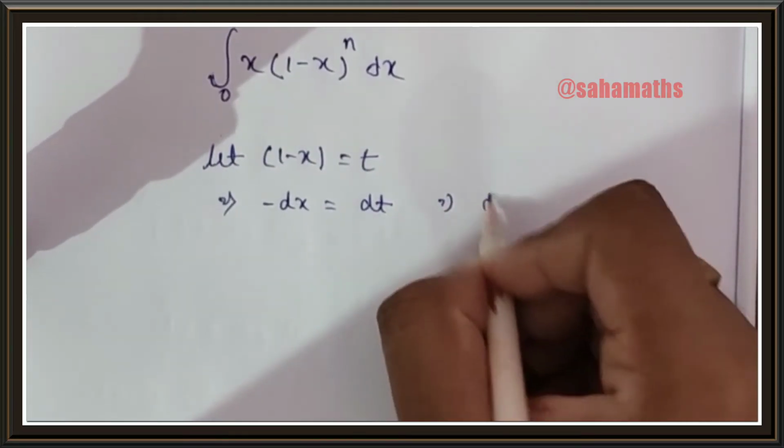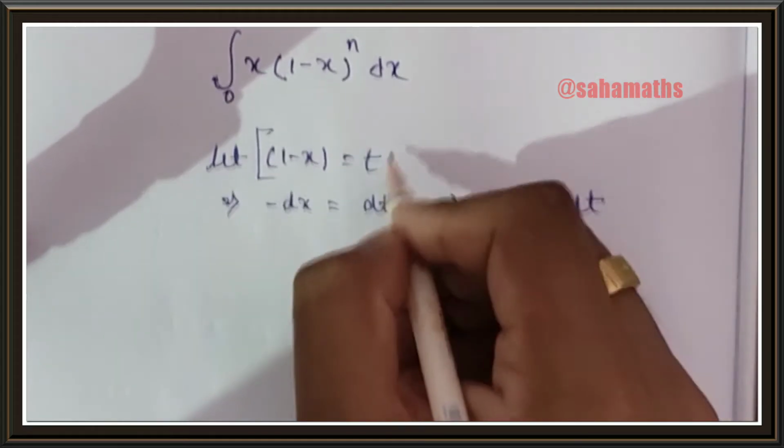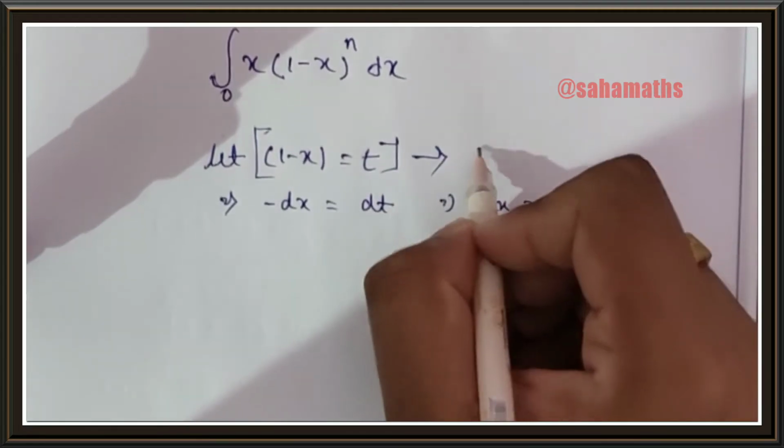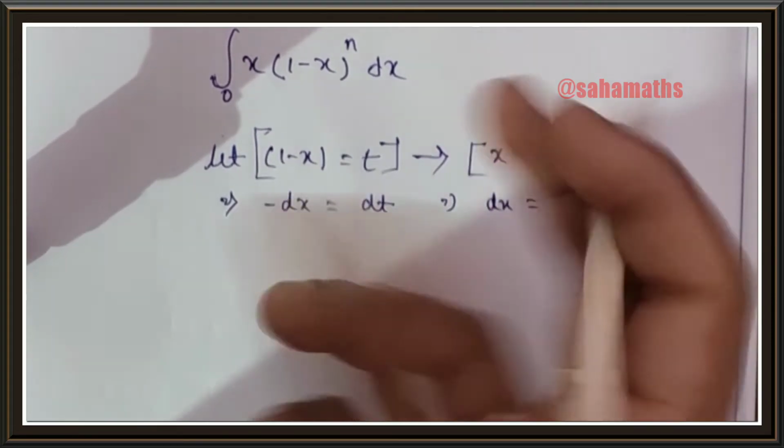Now dx equals minus dt, and you can write 1 minus x equals t as x equals 1 minus t, by crisscrossing both the sides.